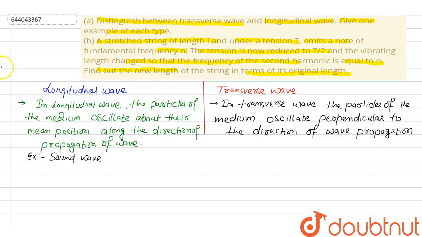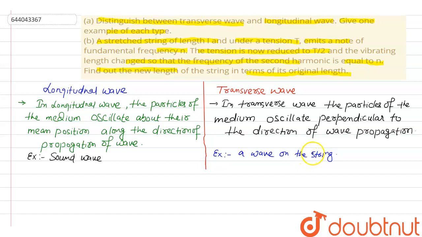So this is the basic difference between the longitudinal wave and the transverse wave: in one the particles of the medium oscillate perpendicular to the wave propagation, and in the other the particles of the medium oscillate in the direction of wave propagation. We can give the example of transverse wave as a wave on the string.